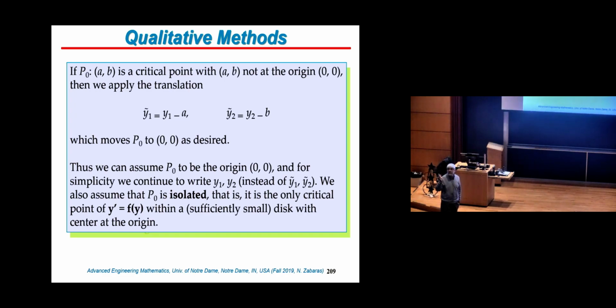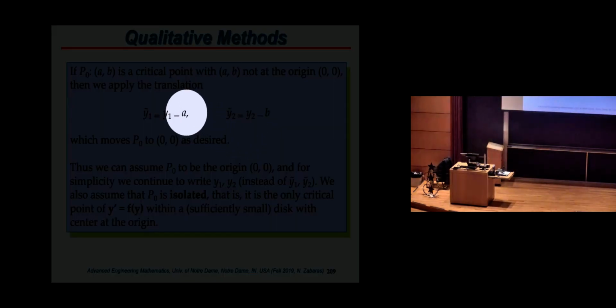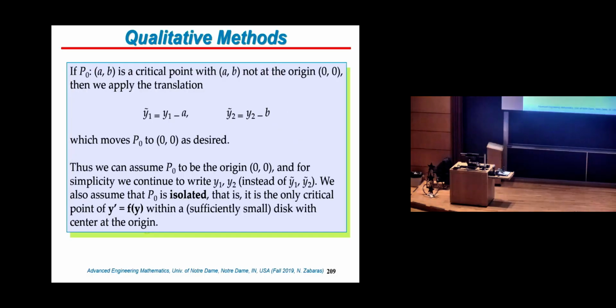Make sense? You shift your coordinate system so that your critical point becomes 0, 0. But you have to write a new set of equations for the new variables, all right? And the new variables are basically the old ones shifted by a and b.